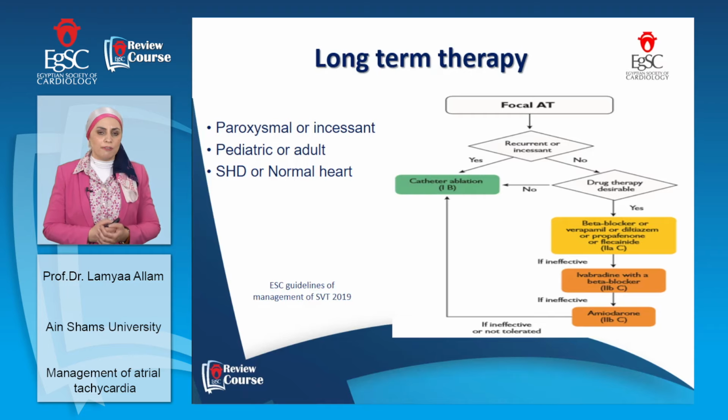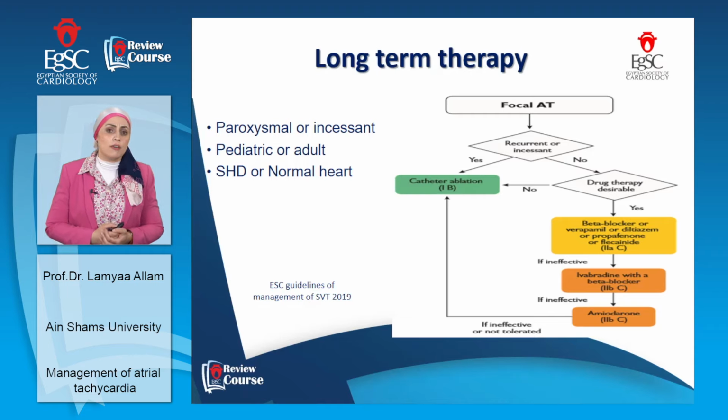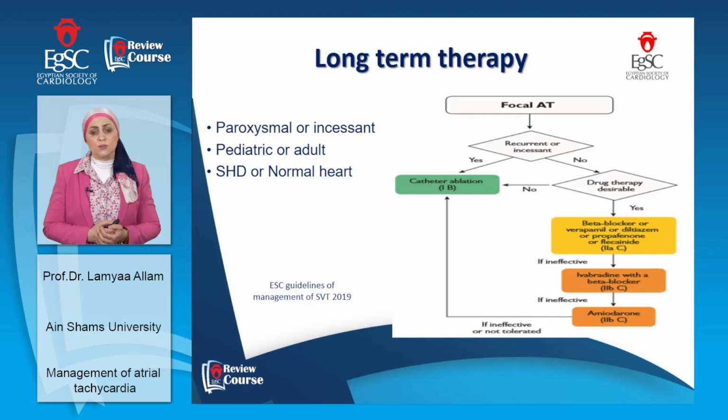And the last medication that I can give is amiodarone. But we don't prefer amiodarone because of its long-term side effects, especially if I am dealing with a child. There are 2 points when I deal with atrial tachycardia in a child. First of all, the preferred medication is the beta blocker. The second one is class 1C.